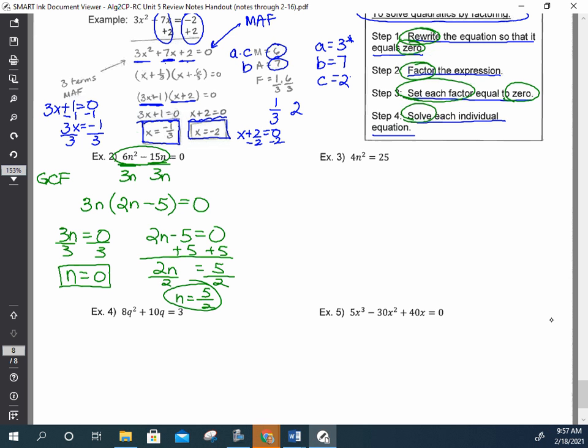Example 3. Same rules apply. 4n squared equals 25. So this time, this is not equal to 0. So we need to take the opposite to move it.